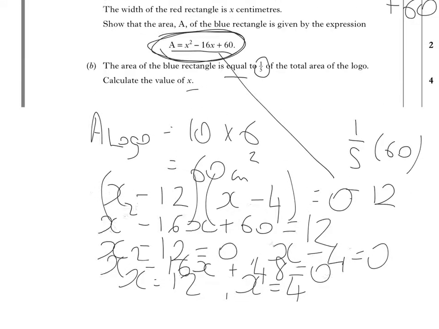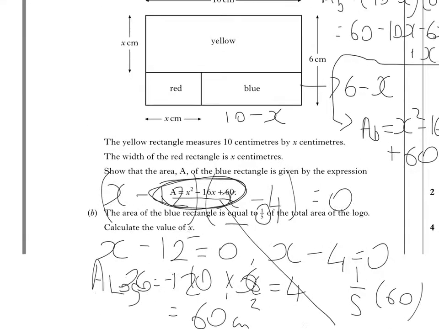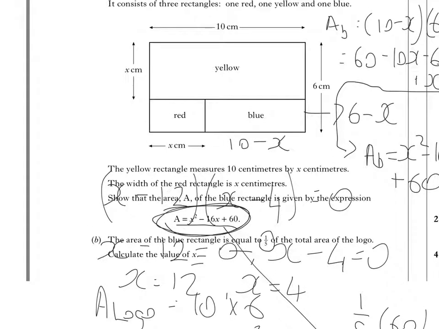Now, we've got two options here, x equals 12 or x equals 4. We can see that the length of the shape is 10, which means x is clearly less than 10. So if the answer was 12, that wouldn't make sense.